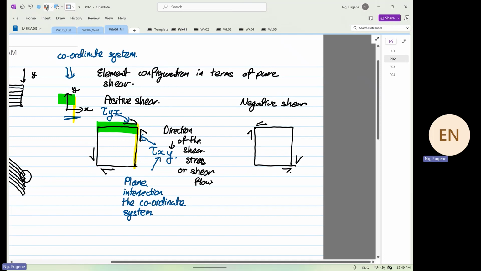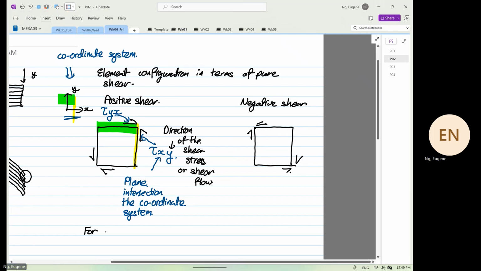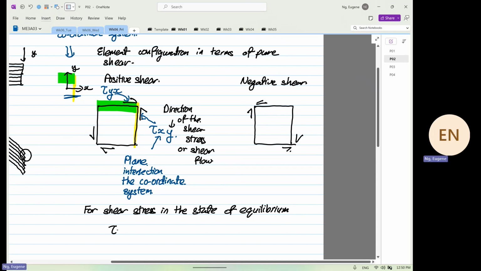An important thing to consider for shear stress in the state of equilibrium, shear xy is equal to shear yx.